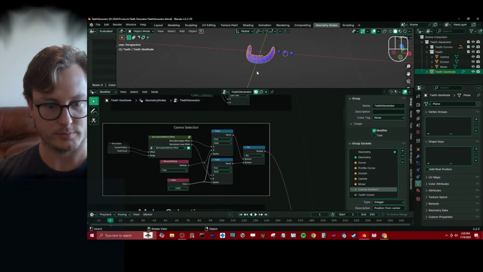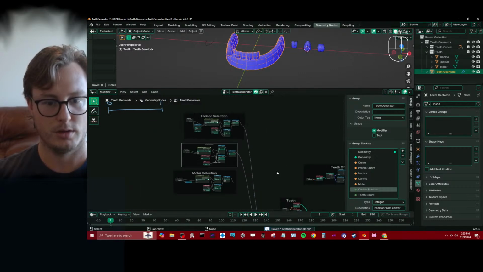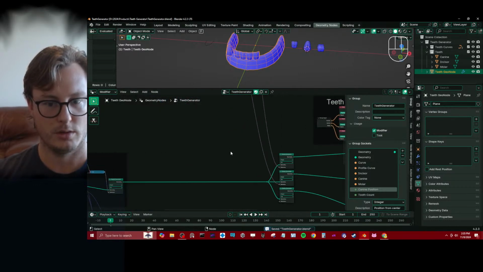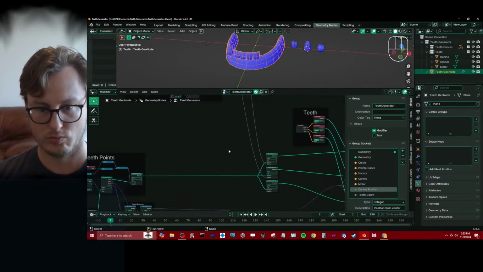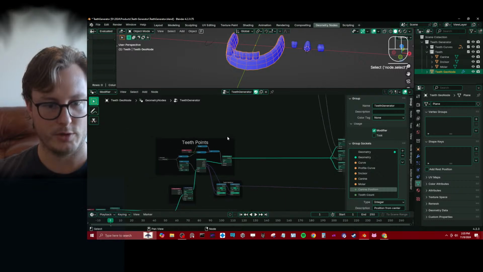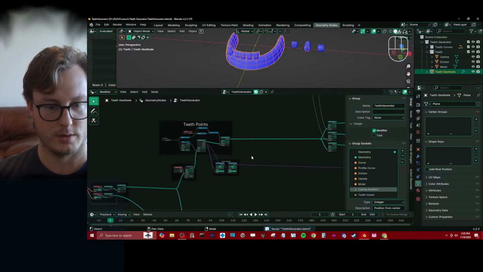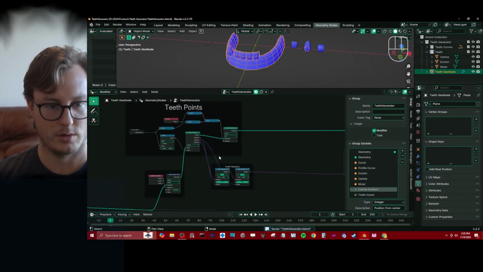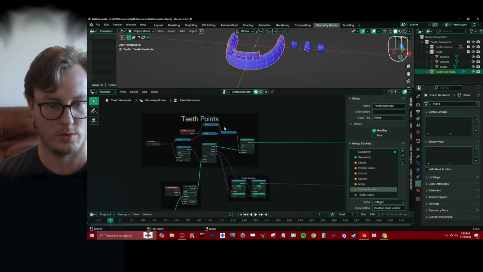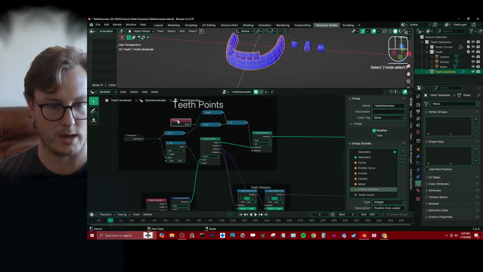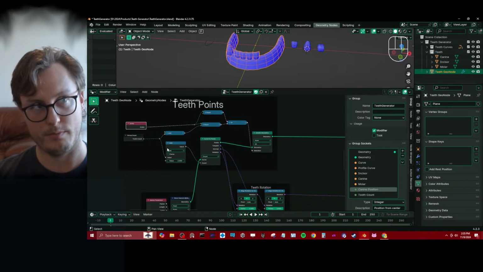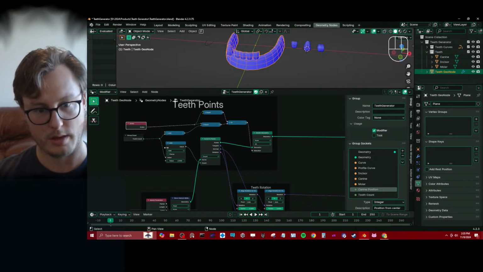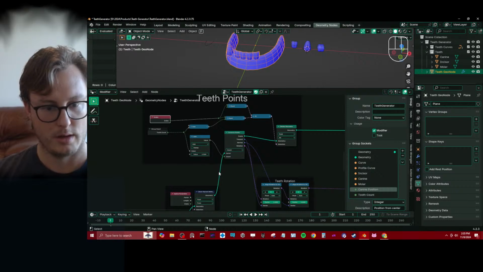So instead of doing teeth points, we kind of still want to do exactly this each time, which is take the curve, cut the end points, and then do points on all of it.